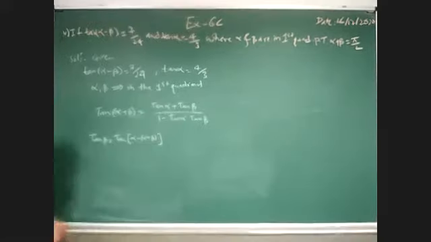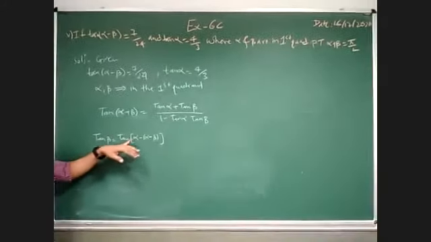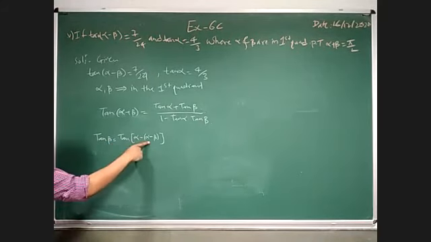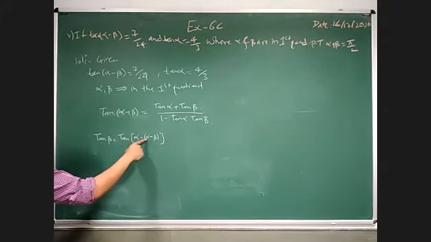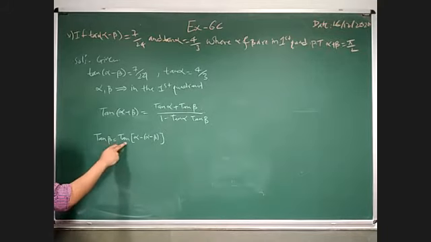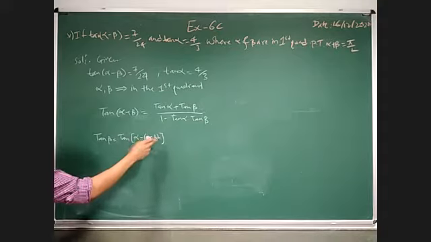Okay, if I am writing tan beta is equal to tan of alpha minus (alpha minus beta), the alpha will get cancelled and minus into minus will be positive, so here we will have beta. So tan beta is equal to tan(alpha minus (alpha minus beta)).